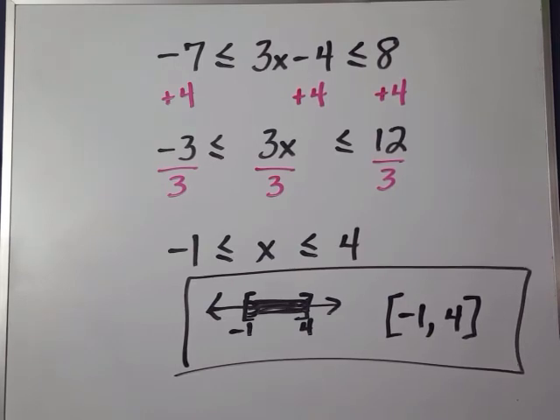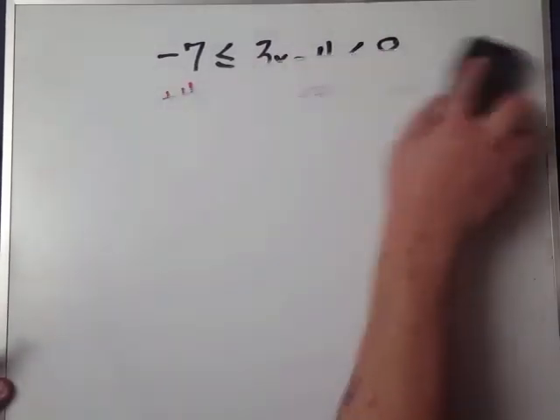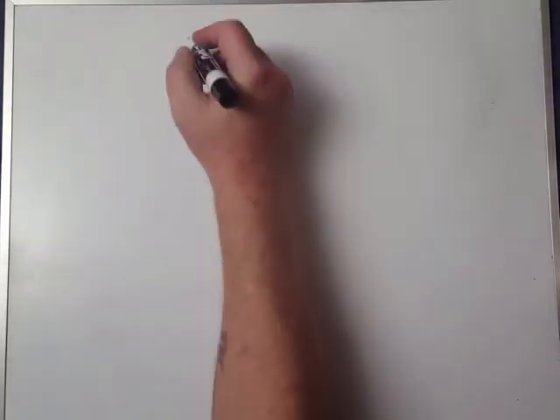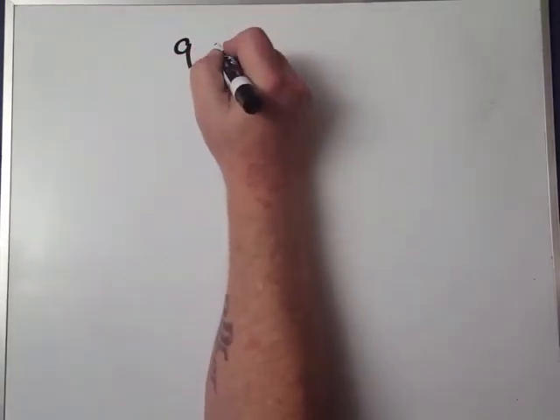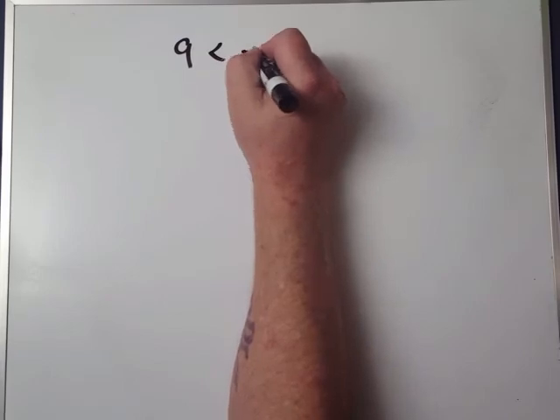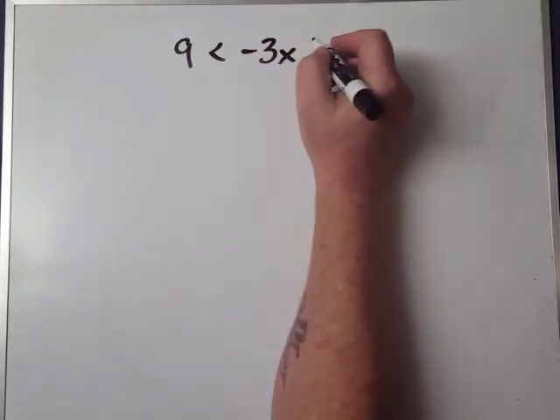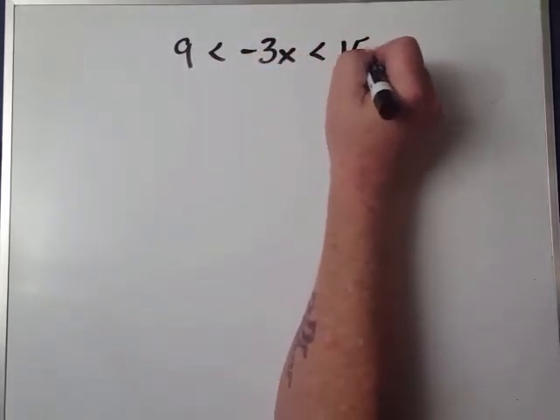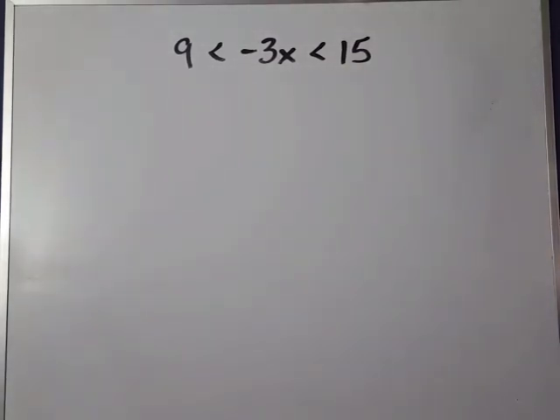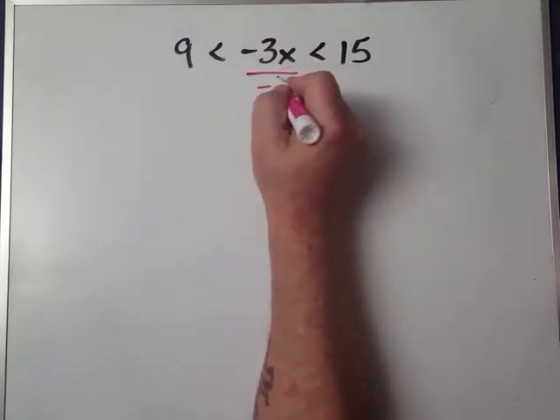Let's look at number 106. A triple inequality. Our goal is to get the x by itself in the middle. To do that, I need to divide by negative 3.